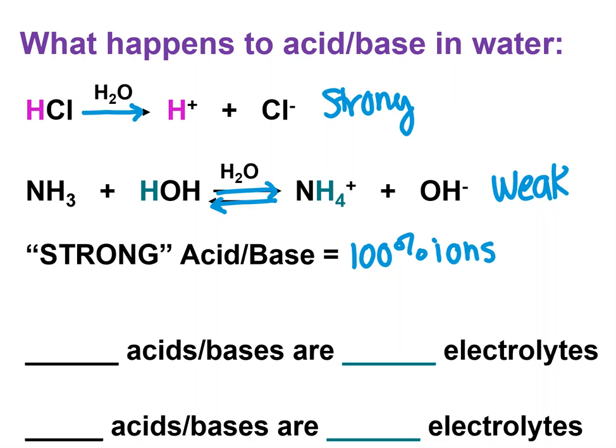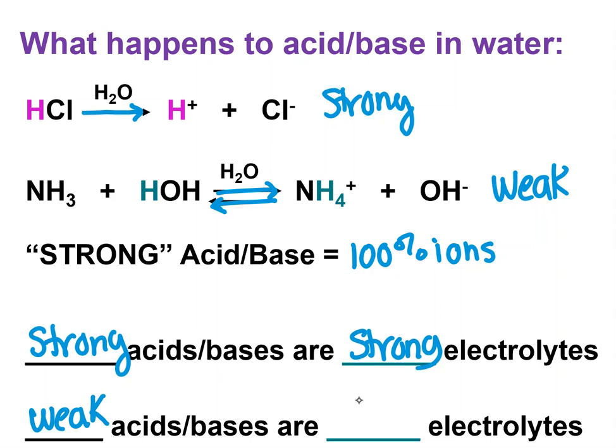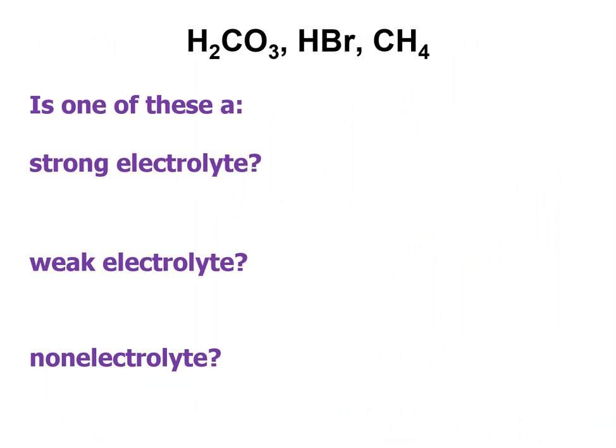The words strong and weak are the same as they were with electrolytes. Strong acids and bases are strong electrolytes, and weak acids and bases are weak electrolytes, because they both refer to the number of ions in solution. If you want to pause and think about these before I go through them, you can.